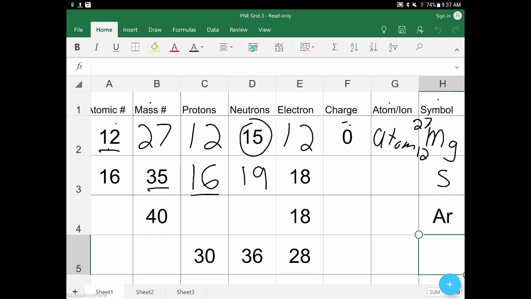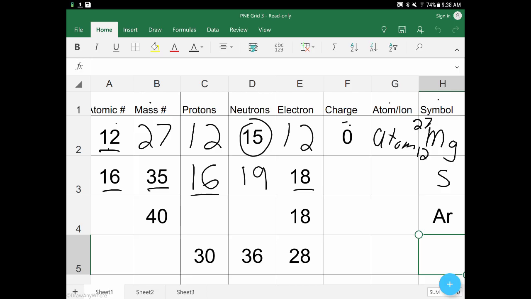Now, it has 18 electrons, which means 18 is more than 16. So that means there is going to be a charge on this element. Since electrons are negative and protons are positive, there are more negative charges than positive charges in this particle.